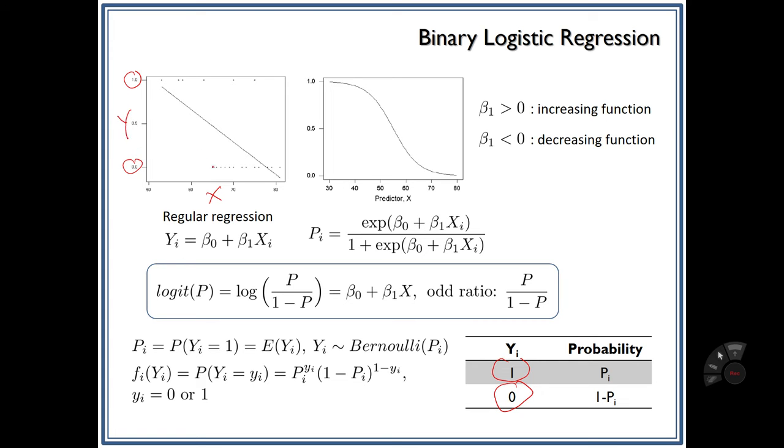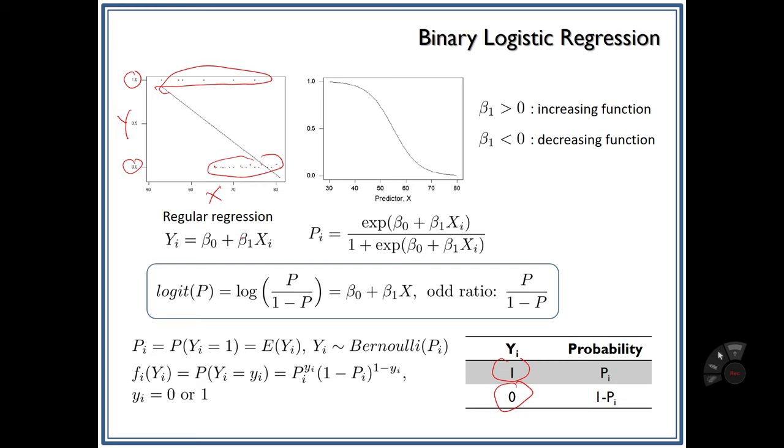For example, about 20 data points are there. If we visualize this two-dimensional data set, we can make this kind of plot, right? And because y takes either 1 or 0, the data points are here and here.